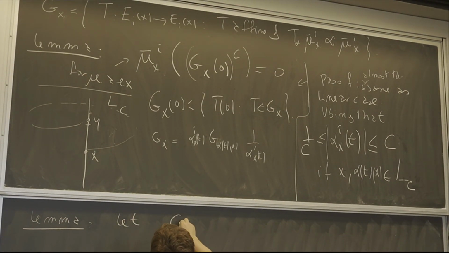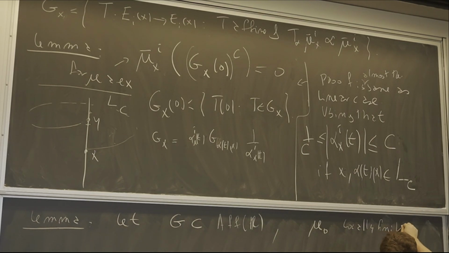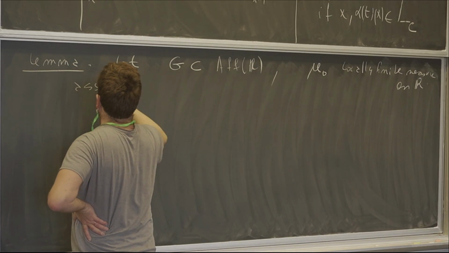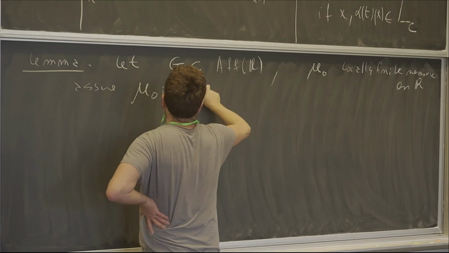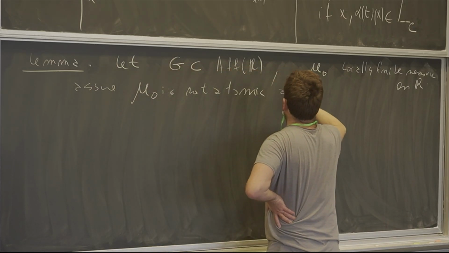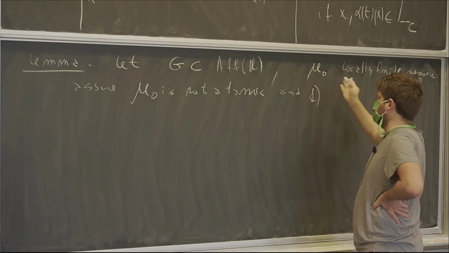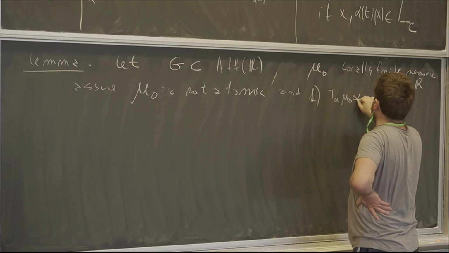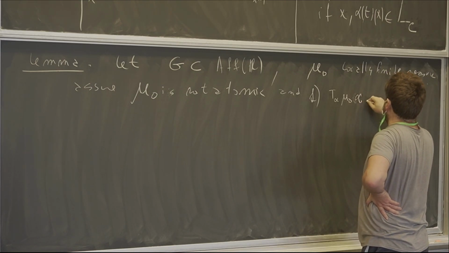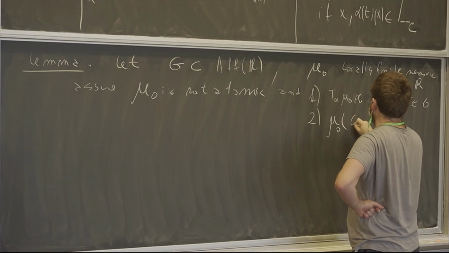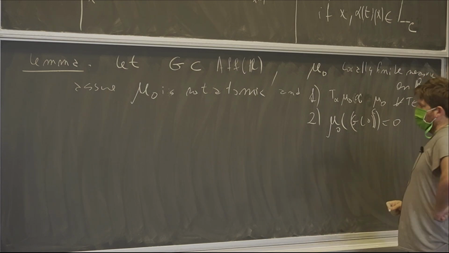Let G be a subgroup of affine maps of R, and mu naught a locally finite measure on R, and assume mu naught is not atomic, and, actually I could rephrase it and make G depend on mu naught, but it's the same, that Q star mu naught is equivalent to mu naught for every Q in G, and the second is that mu naught of the complement of the orbit of 0 is 0.